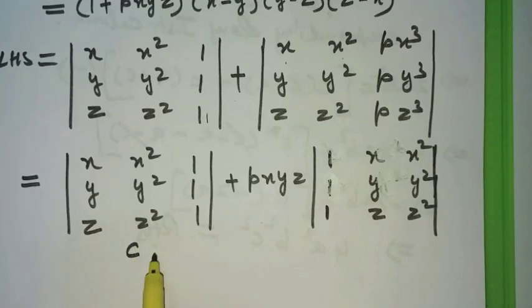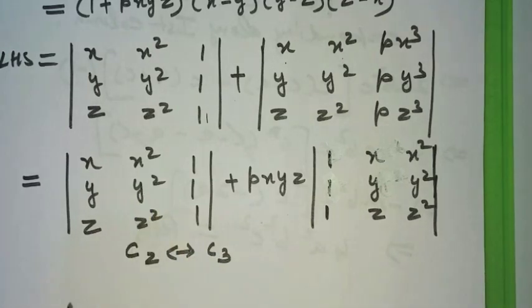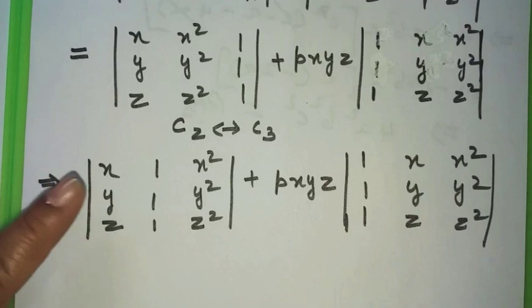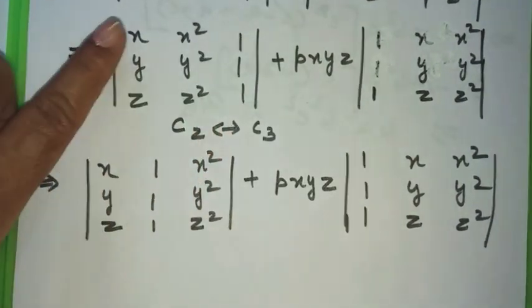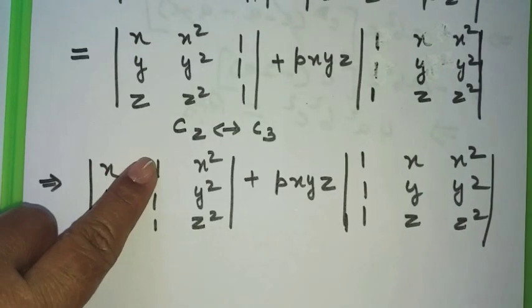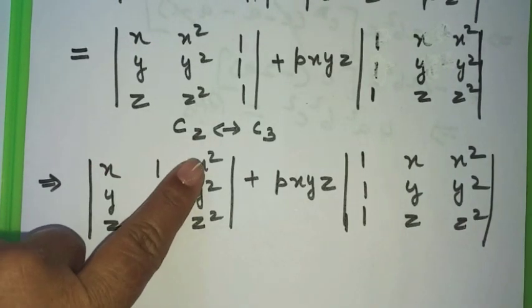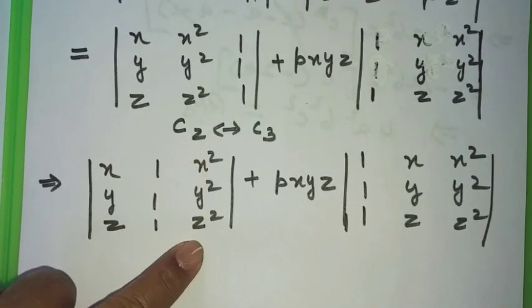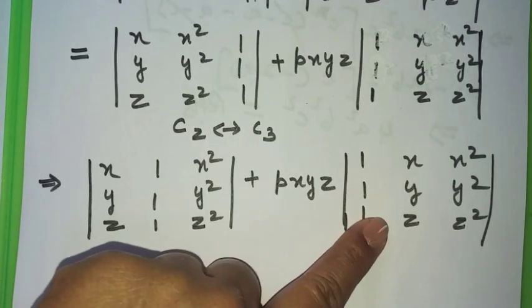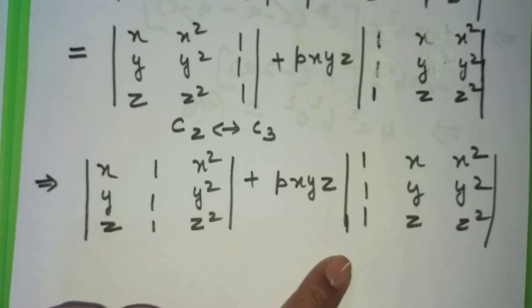So first I will make this change, that I interchange column 2 and column 3 in this determinant. So let me see what I get. By interchanging column 2 and column 3, column 3 comes at second position and column 2 comes at third position, we get this determinant, and this second determinant is same, we have copied it in the same manner.